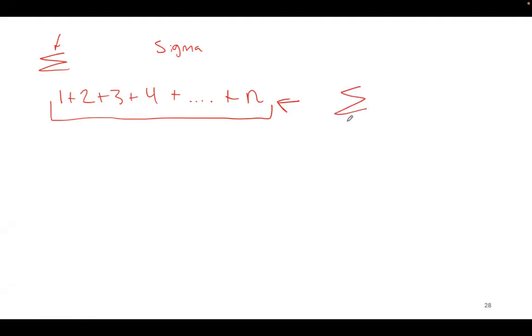So if I write my sigma, the thing on the bottom is going to be where we start. The thing on the top is going to be where we end. And the thing to the right of it is, we're going to express in general, what are we adding?